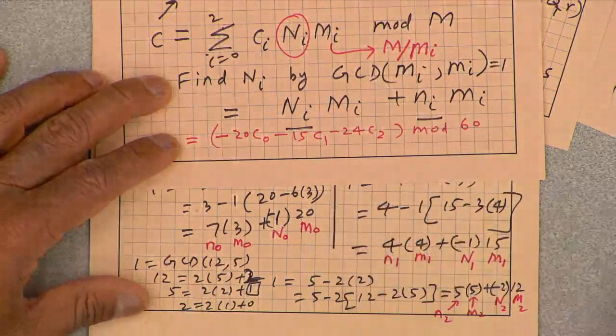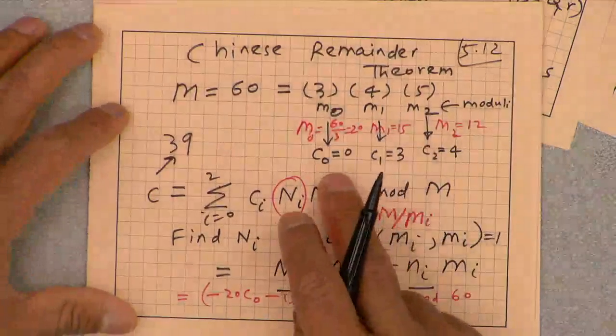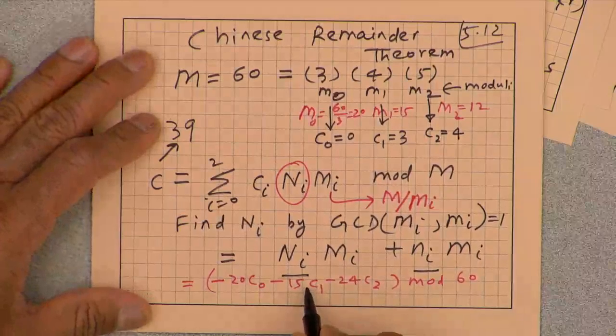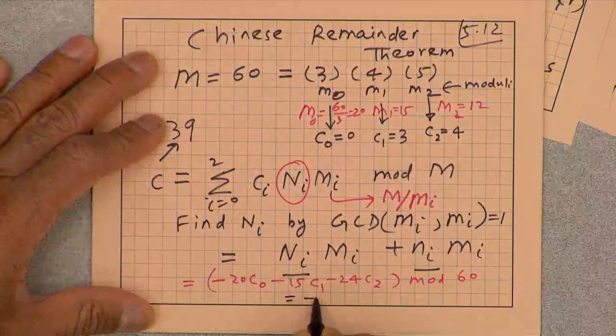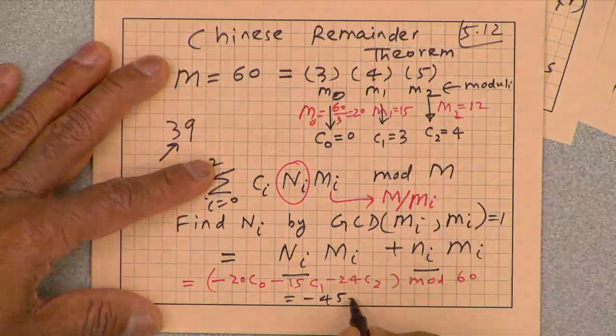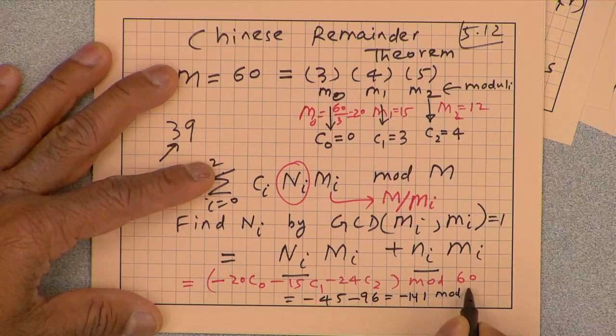Okay, so now what are C0, C1, C2? C0, C1, C2 are 0, 3, 4. So that's 0, this is 3, so minus 45, and this is 4, minus 96, which is minus 141 mod 60.